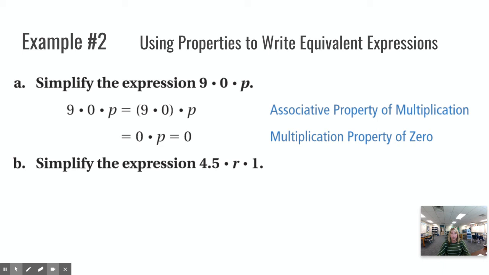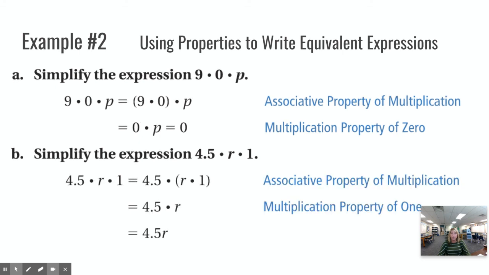Simplify the expression 4 and 5/10 times r times 1. We use the associative property of multiplication and the multiplication property of 1, and we end up with 4 and 5/10 times r.